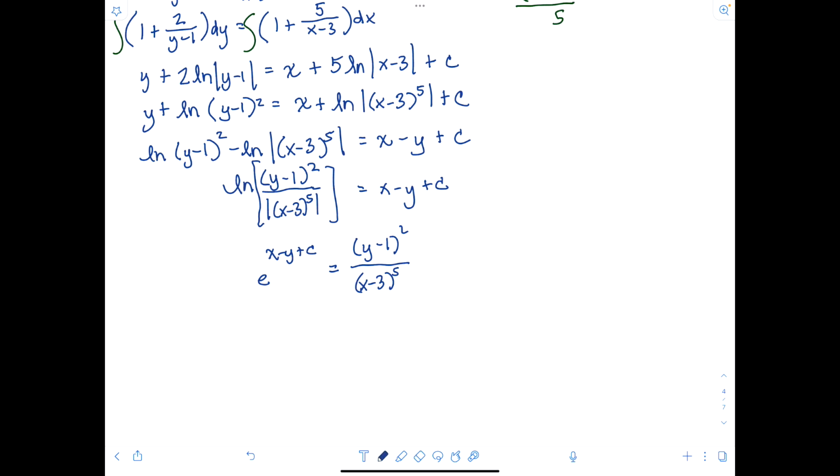And then this is now e to the x minus y times e to the c equals y minus 1 squared over x minus 3 to the 5th.